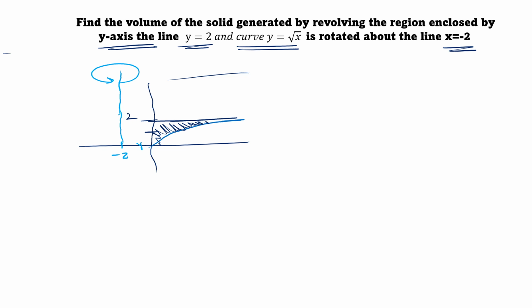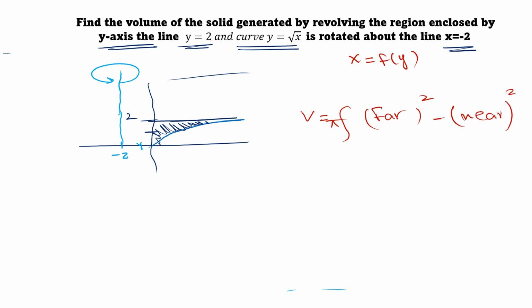We all know that when the line is vertical, it means our equation should be written in the form of x equals f of y. And how do we read this? The volume we should write as pi, farther square minus near square, or outer region square minus lower region square, and dy.